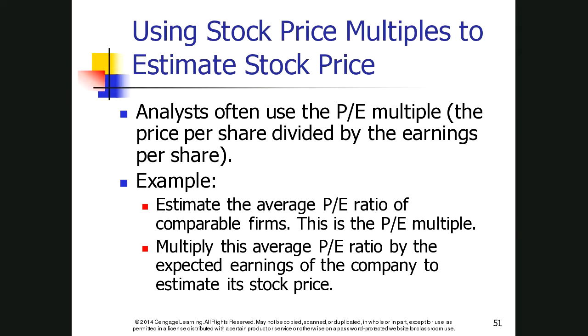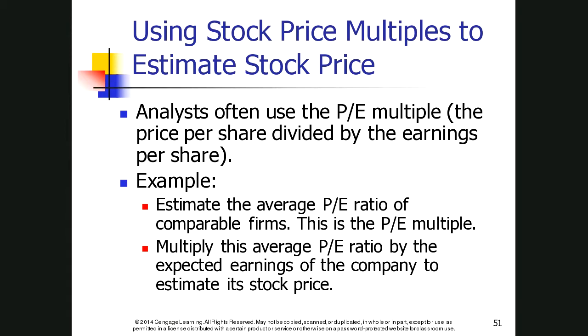Okay, so the third method is to use stock price multiples to estimate the stock price. So the first method, the dividend discounted model. The second method, the free cash flow model. And the third method is the stock price multiples. And this one we actually did in the first two or three chapters when we learned all those multiples, when we talked about the market ratios and the PE ratios, so this is a variation of that.